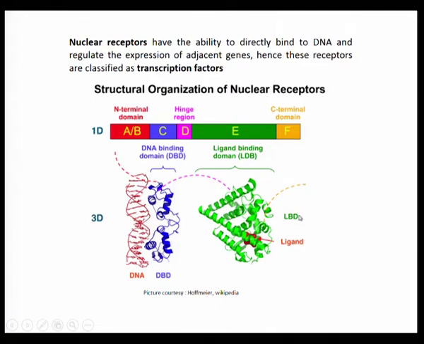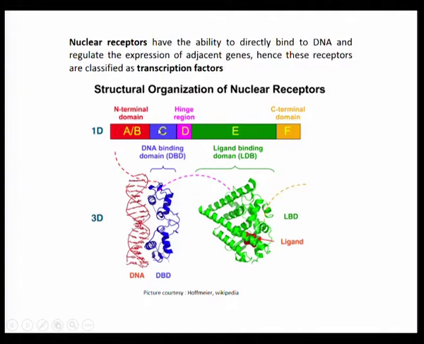The ligand binding region is called the LBD, and the DNA binding domain is called the DBD. So this is basically a rough view, like the primary sequence, where you can know which region contributes to what.